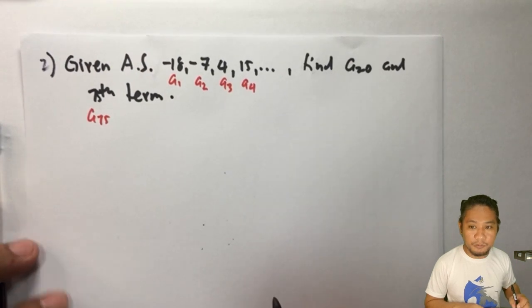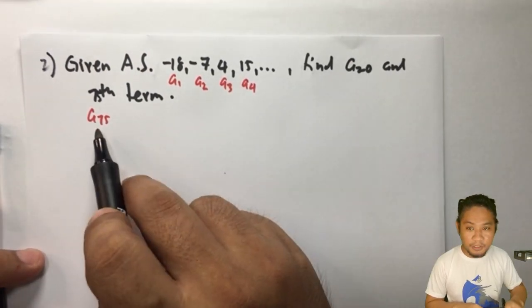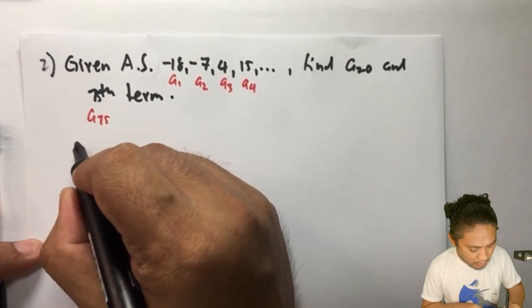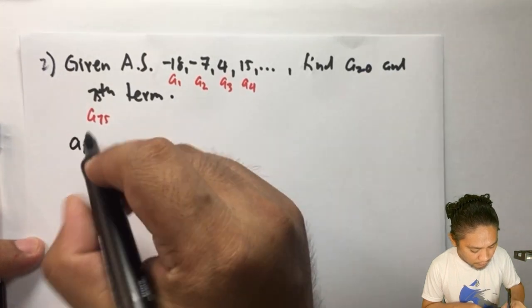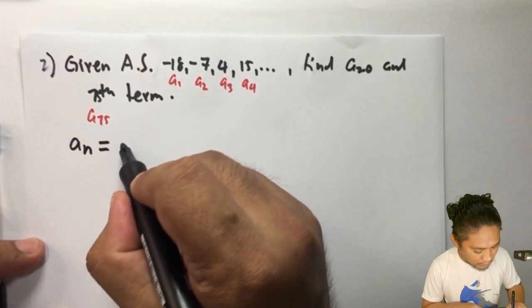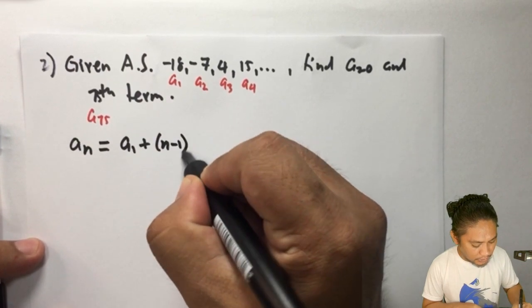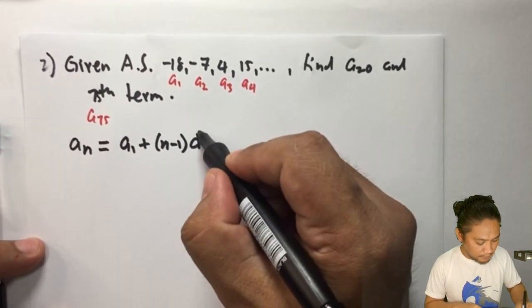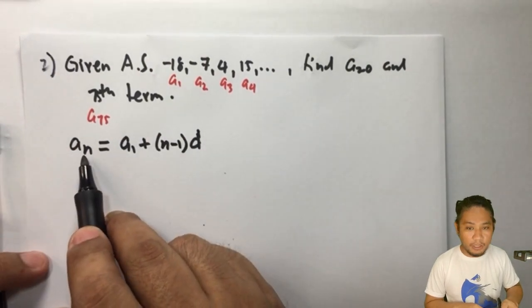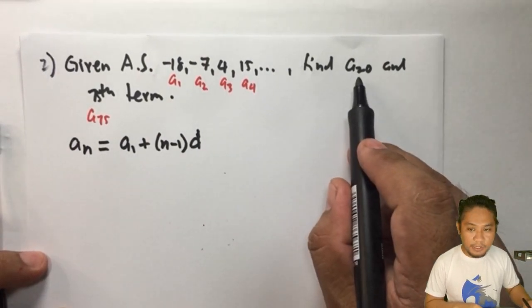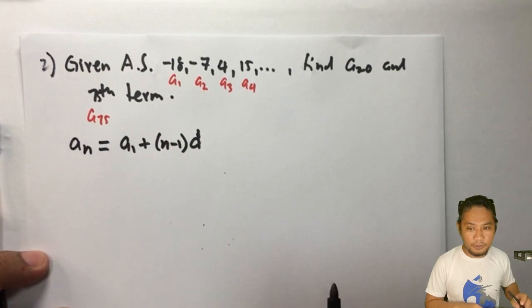So in order for us to solve for the 20th term and the 75th term, we still need to use the general formula for the arithmetic sequence, which is a sub n equals a sub 1 plus n minus 1 times d. So our a sub n is our a sub 20 and the a sub 75 to be solved.